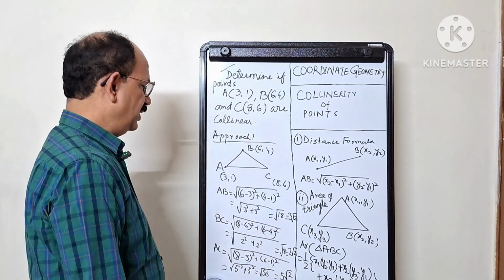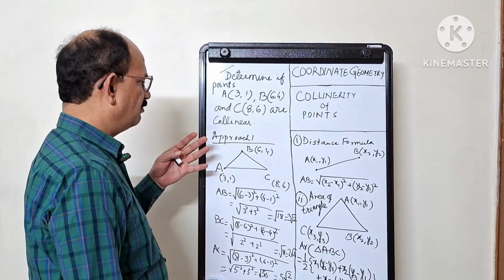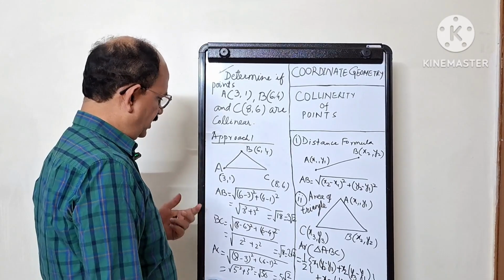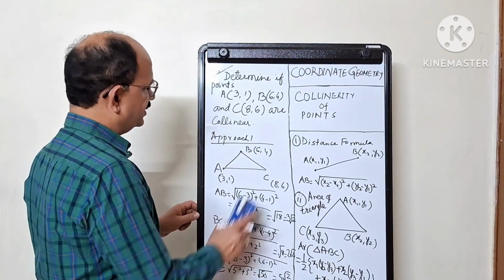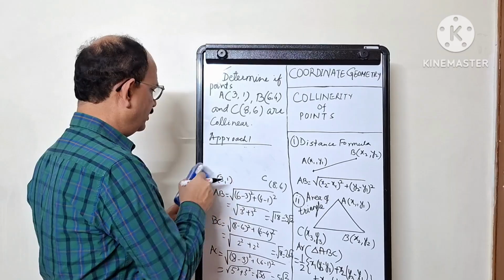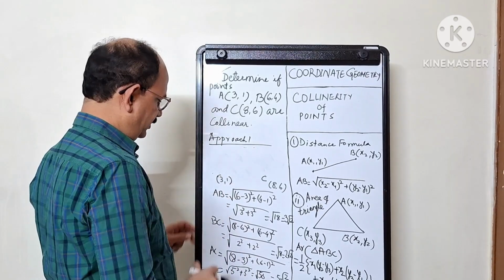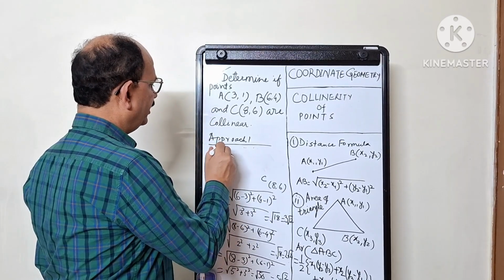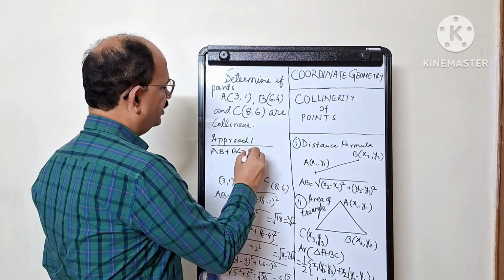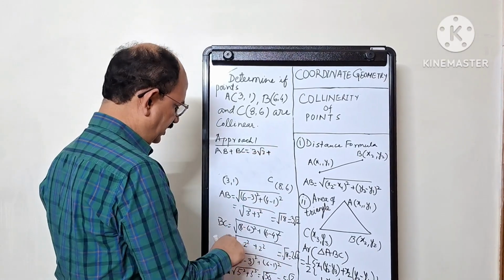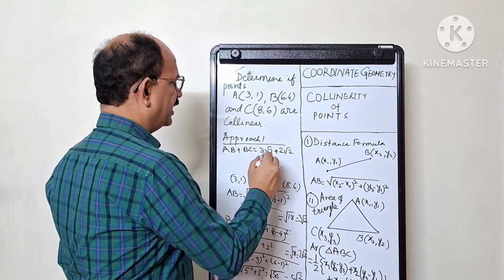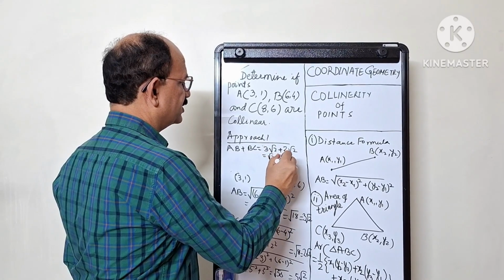Now let's try the concept which we had just talked about. Let's see AB plus BC. AB is 3 root 2 plus BC is 2 root 2. So we can write this as root 2 common, 3 plus 2.